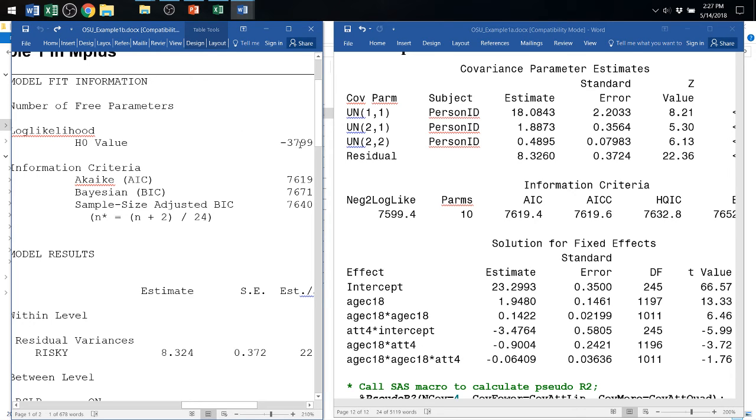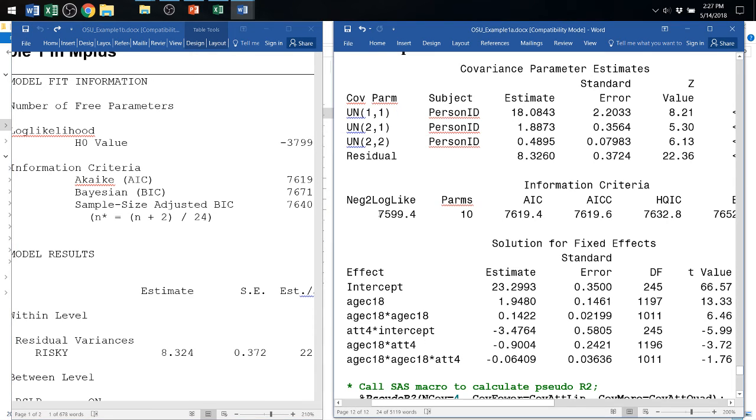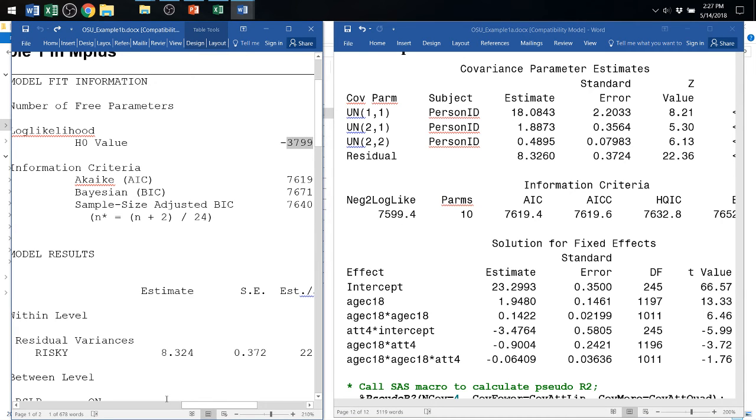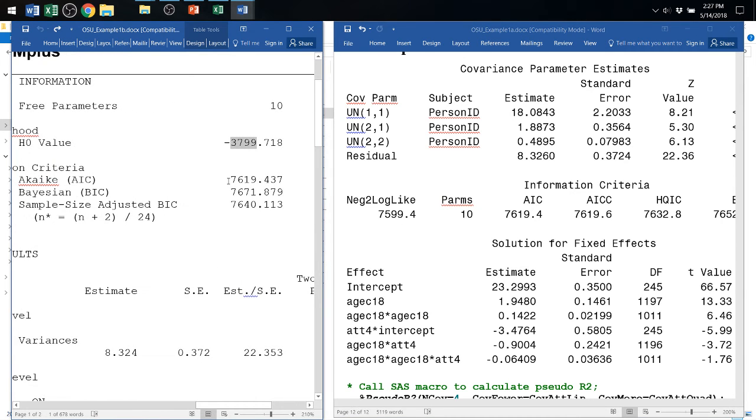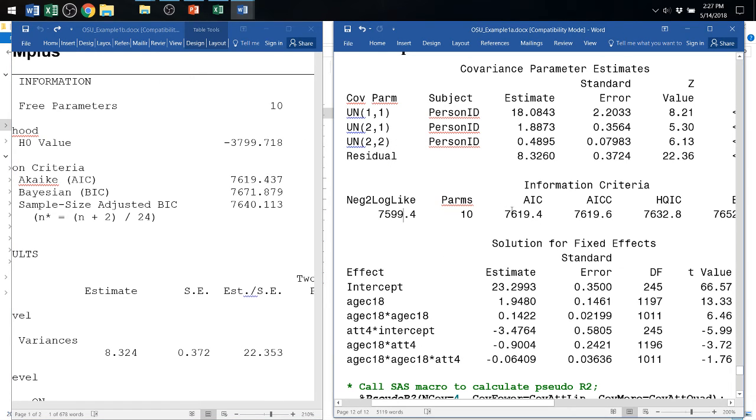So minus 3799, minus 3799 times negative 2 is 7599. And if you don't want to do the math and you want to make sure that your model is actually the same, AIC should match. 7619, 7619. Because AIC and BIC are always phrased as smaller is better.